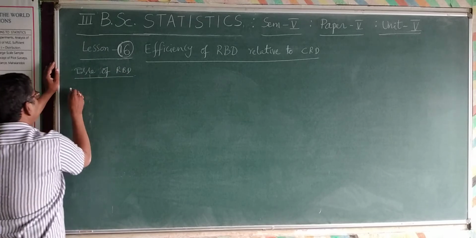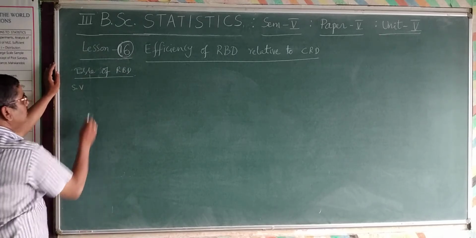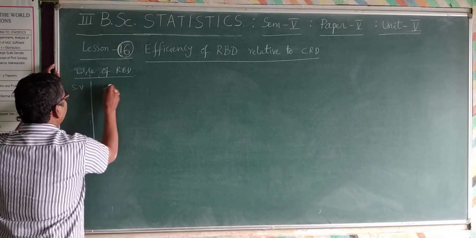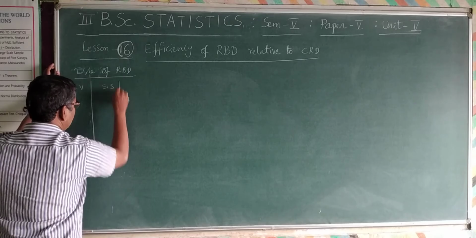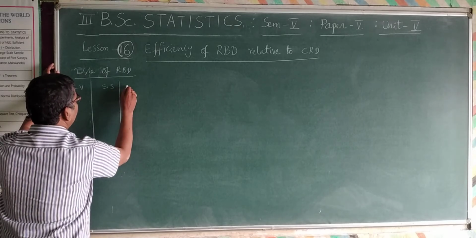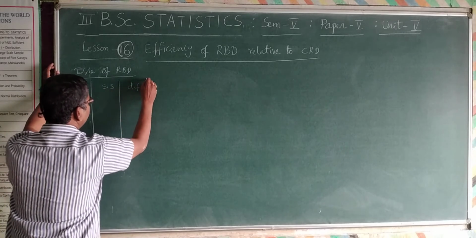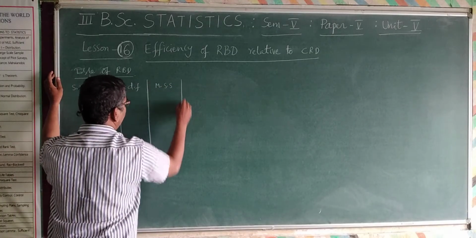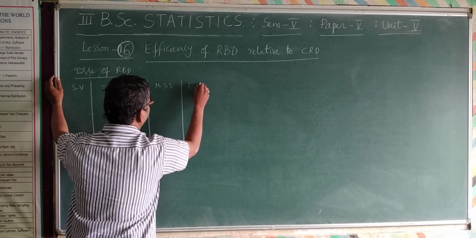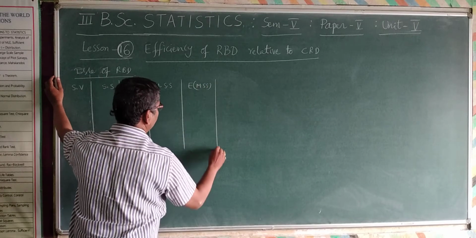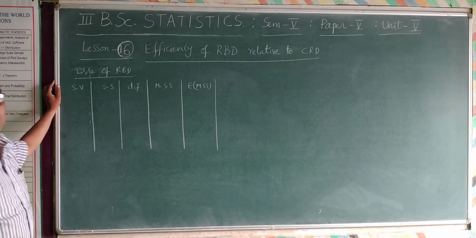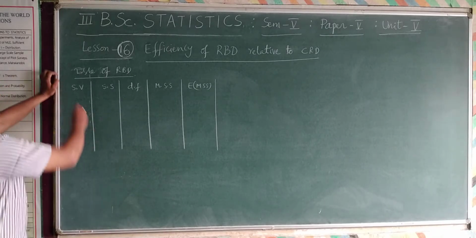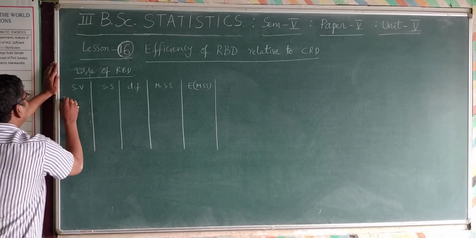In the table of RBD, I consider source of variation and sum of squares, degrees of freedom, mean sum of squares, expectation of mean sum of squares. In the source of variation I consider treatments.